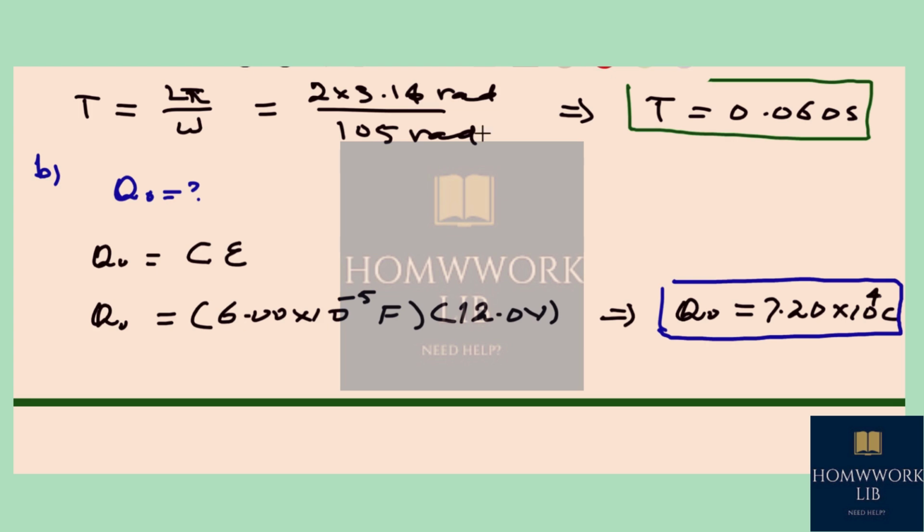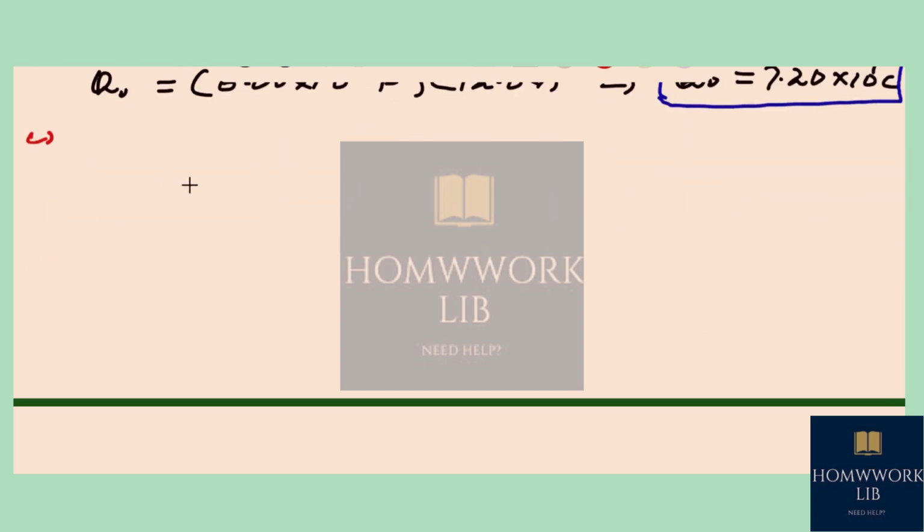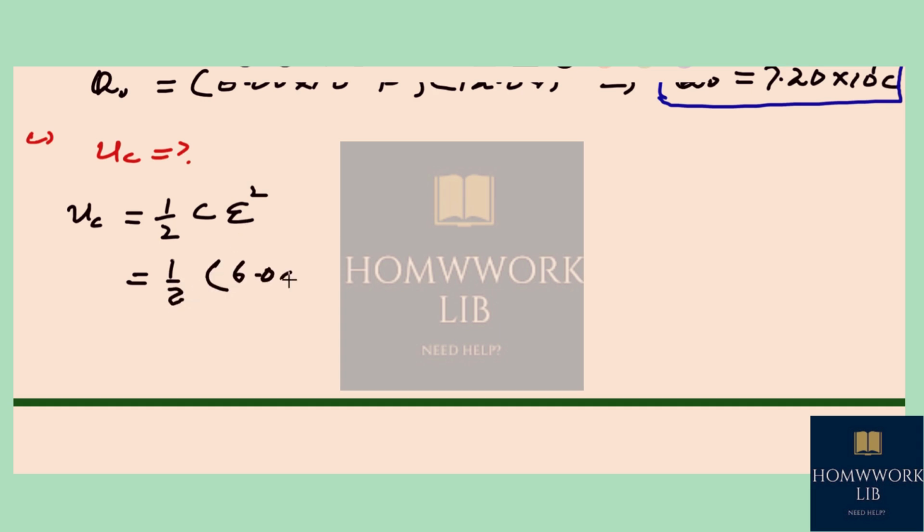Now in part C of this problem, we are going to calculate the energy stored in the capacitor initially, that is UC. Let's write the equation for this energy in the capacitor. UC equals 1 divided by 2 C E squared. By inserting values, we can write 1 divided by 2 times C, which is 6.00 × 10^-5 farad, times 12.0 volt whole squared.